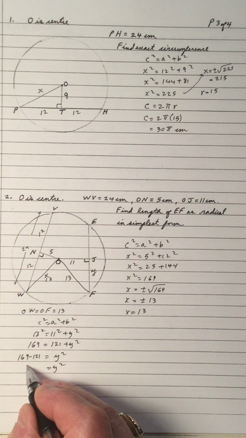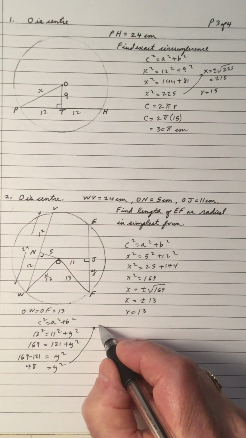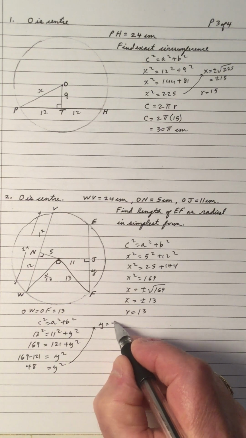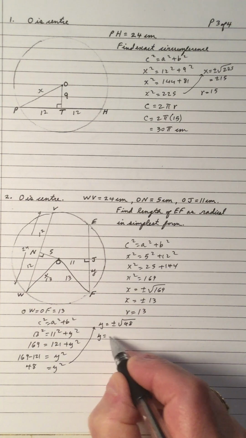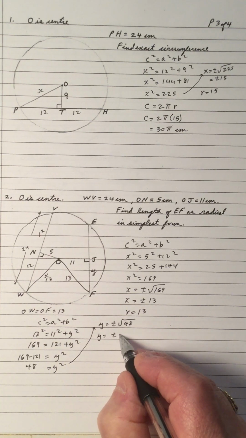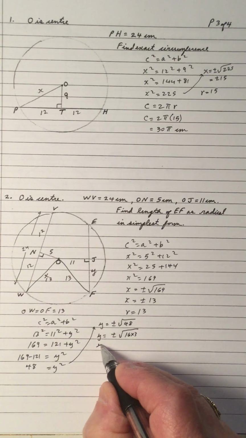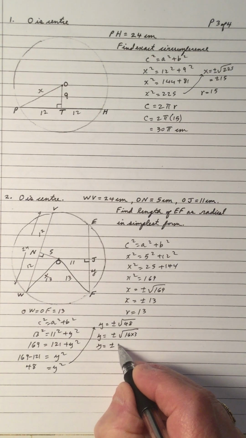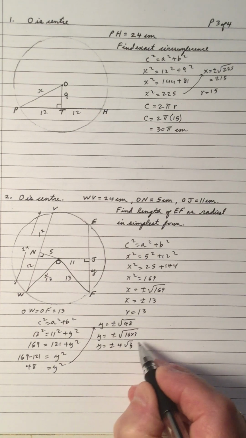Y squared is 48. So Y is plus or minus the root of 48. And we have to simplify root of 48. Well, I see it's a 16 times 3. So Y is plus or minus 4 root 3. Square root of 16 is 4.